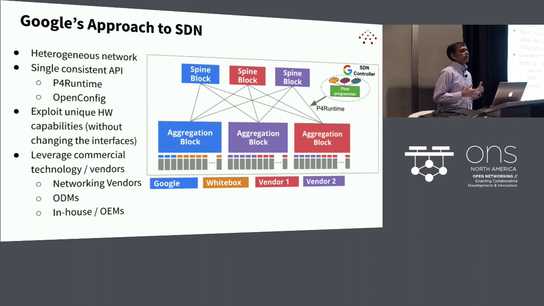Now, if we want to be able to innovate even faster, bring in devices from multiple vendors, and eventually end up with a heterogeneous network, we have a problem with the interfaces. All devices do not work with the same set of interfaces, and one interface doesn't work with all of the devices.